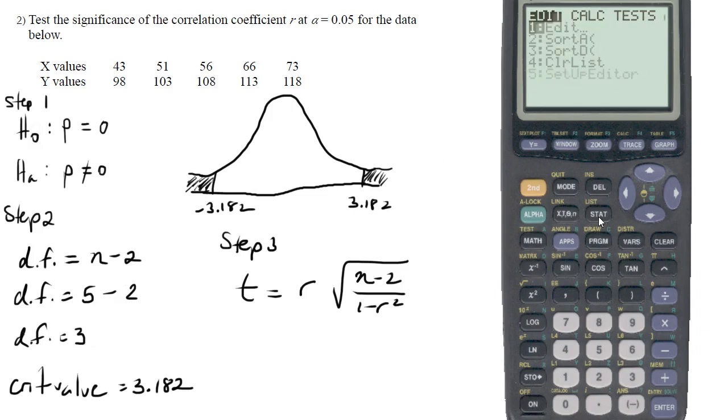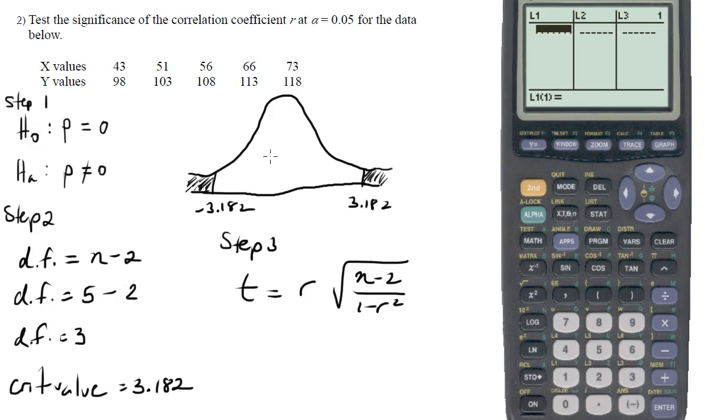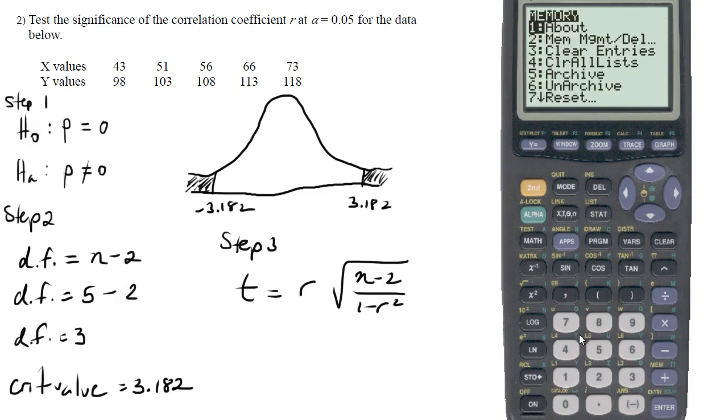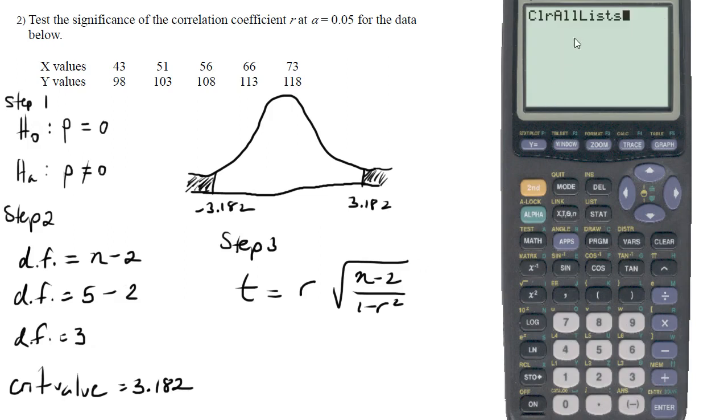So now I'll go to stat, edit, because I'm going to put some more values in here. If there's data in there, you hit second and plus for memory, 4 is clear all list. Hit enter, so you get all that data out of there that was there before.